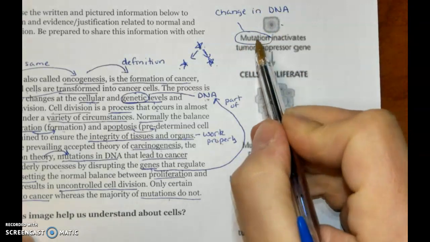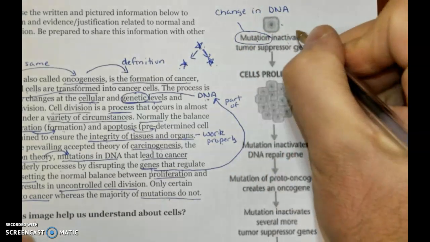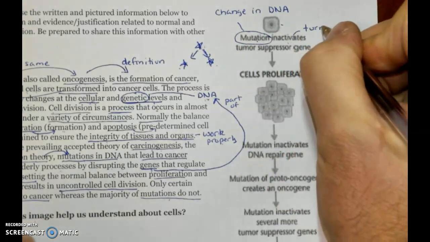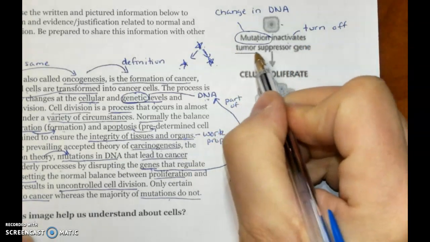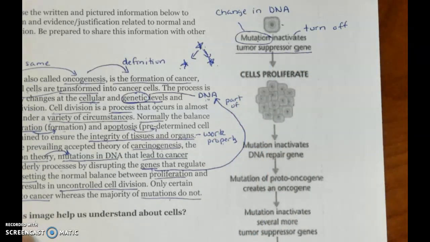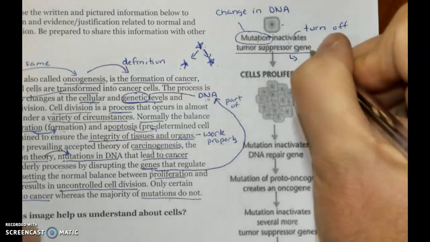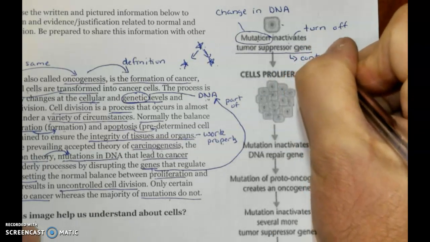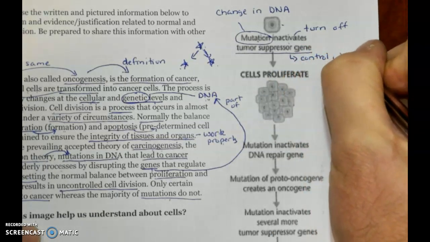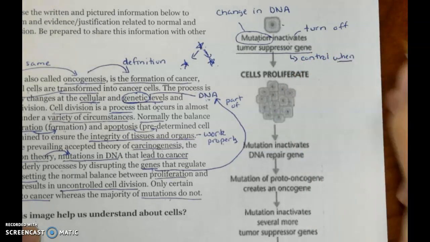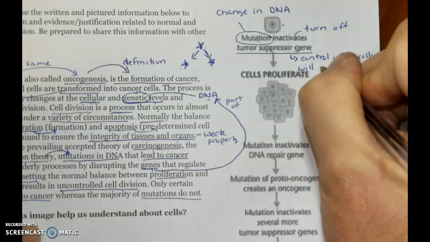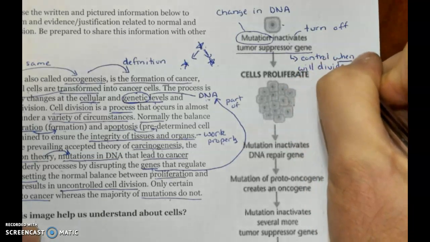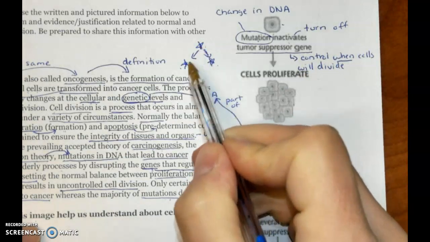So when there is a change in DNA, we inactivate, meaning turn off, tumor suppressor genes. Tumor suppressor genes, they control when a cell will divide, meaning when a cell will go from one cell and make two cells.